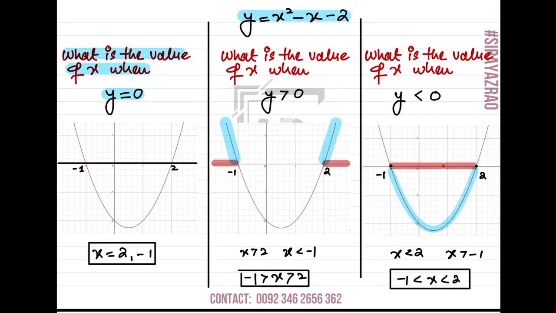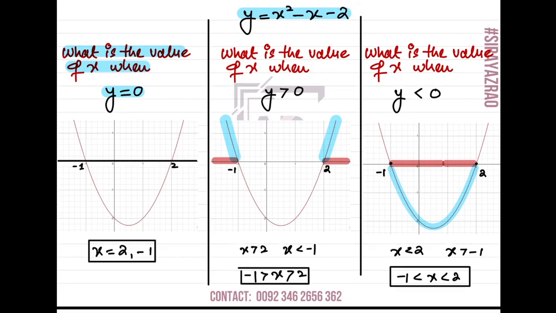So now you have observed the graph: when it asks what is the value of x when y is greater than 0, the value of x is greater than 2 here, greater than the larger value, and the value of x is less than minus 1 here, less than the negative value, the lesser value.